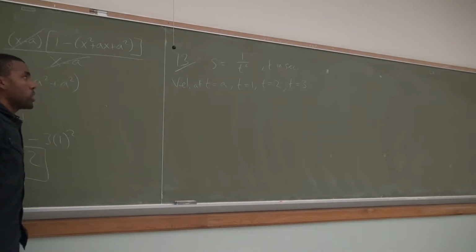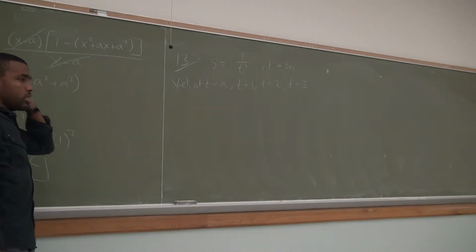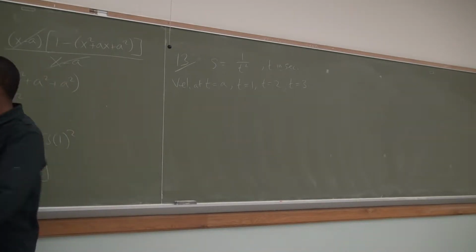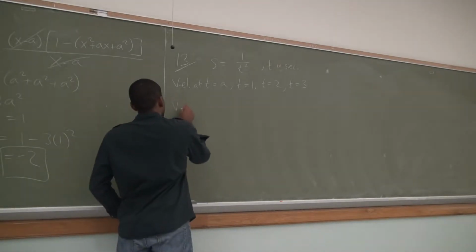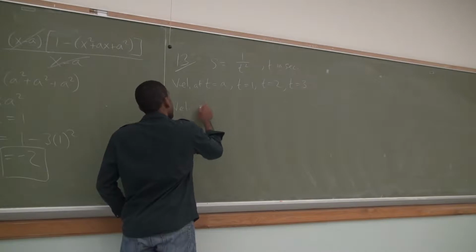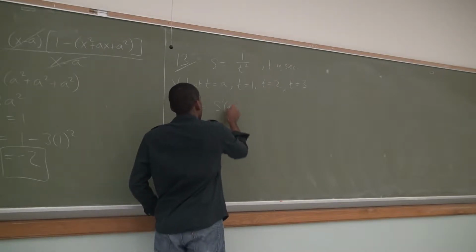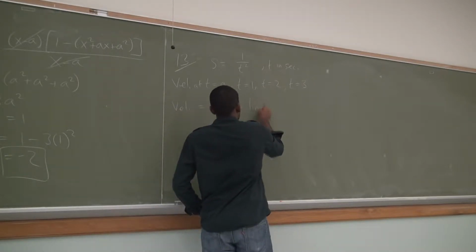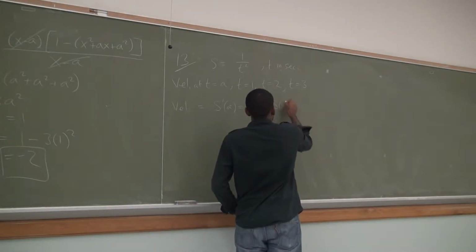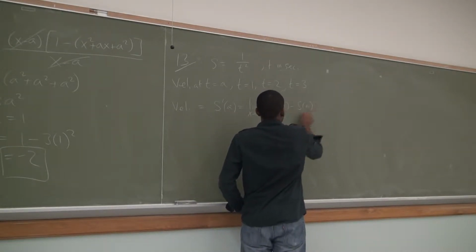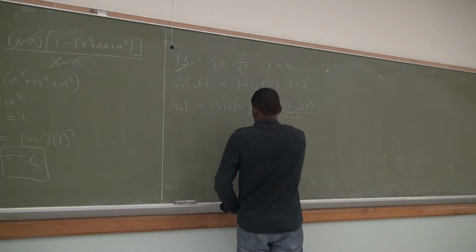So velocity, which they covered in this chapter, is just the instantaneous rate of change, which is again, use this formula or the other formula. So velocity would be equal to s prime of a, which is equal to the limit as x approaches a of s of x minus s of a over x minus a.